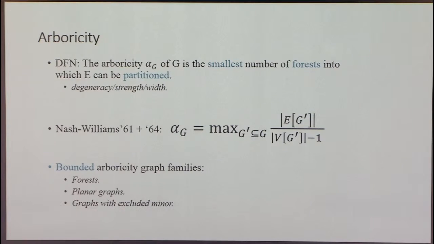Arboricity shows up in a lot of applications. There are well-known bounded arboricity graphs, like all forests, planar graphs, and graphs with excluded minors, which can all be shown to have constant arboricity. There's no really dense area in the graph.